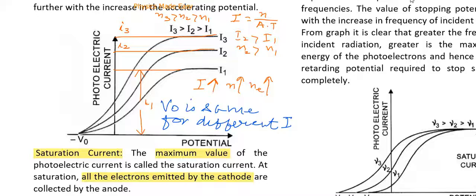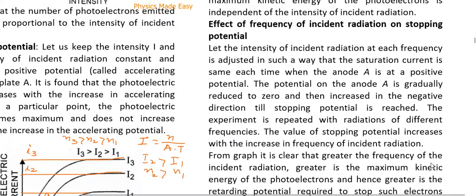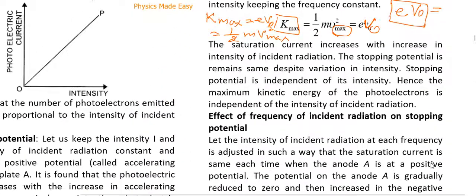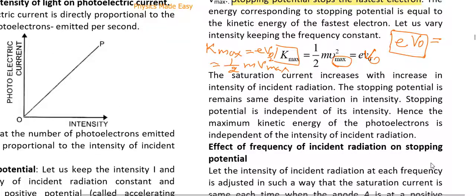It means stopping potential is independent of what? Intensity of light. Stopping potential is independent of the intensity of incident light. Stopping potential measures the maximum kinetic energy of the electron emitted during the photoelectric effect.